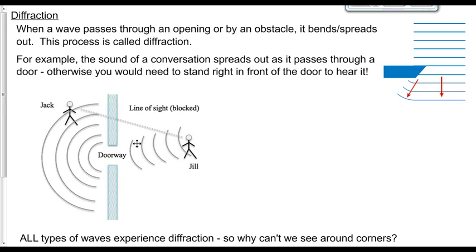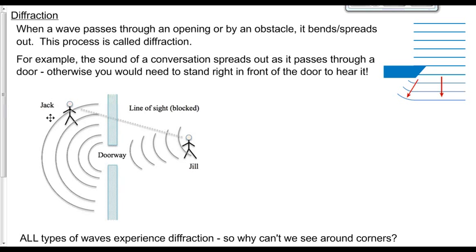Here's a diagram. Imagine Jill is talking inside of a classroom. You can't see Jill because there's a wall in the way, but if the door's open, you can hear Jill quite clearly because the sound waves coming off of Jill go through this doorway and go through a process called diffraction, where once the waves come through the doorway, they start to spread out.